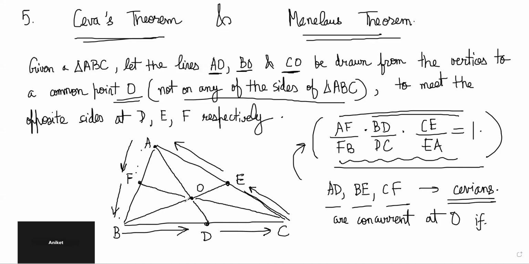Sir, like we can do this for median and everything, like orthocenter and all. Yes, you can do it. If you made these lines as altitudes, for example, then the common point becomes the orthocenter, and you can say that BD by DC times CE by EA times AF by FB will be 1.